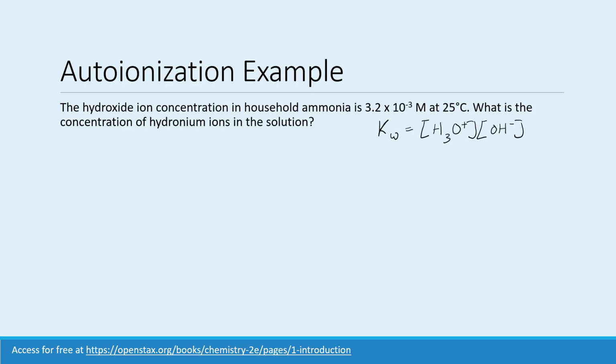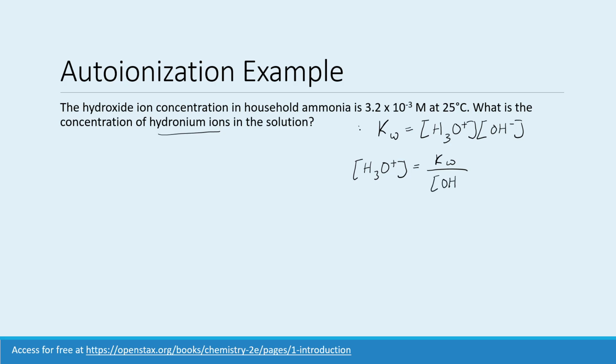in solution? And so whenever you're trying to solve for one, if you're given the other, we're simply going to take that Kw value and divide by the ion that we have, right? So if we're looking for the hydronium ions, H3O+, that is going to be equal to Kw divided by the hydroxide ion.